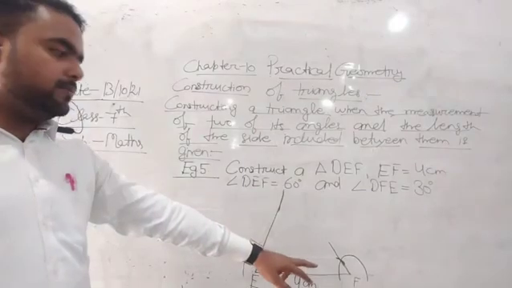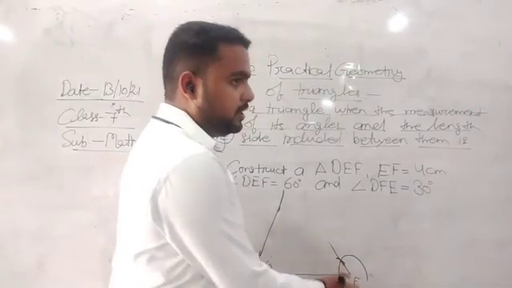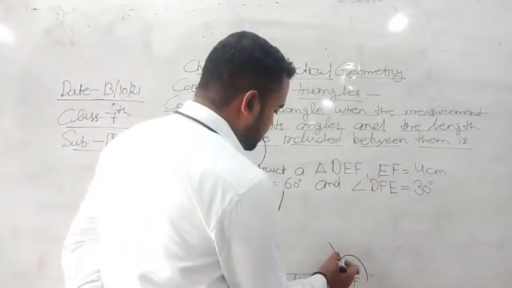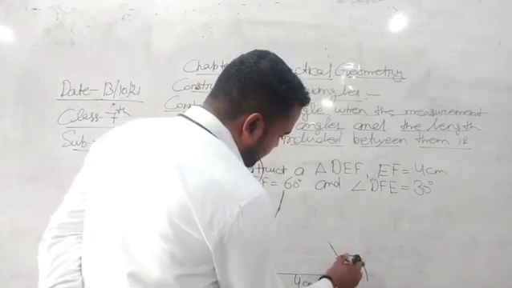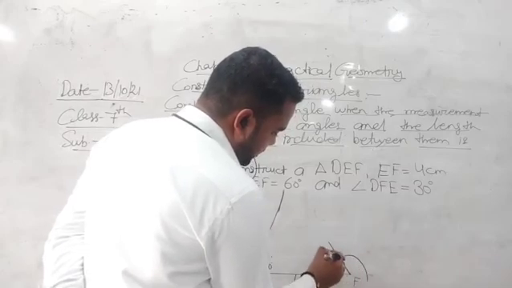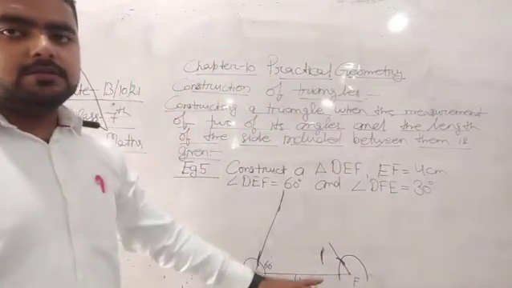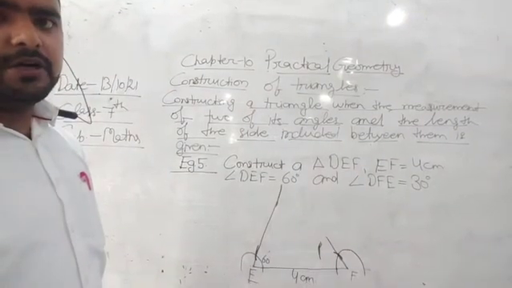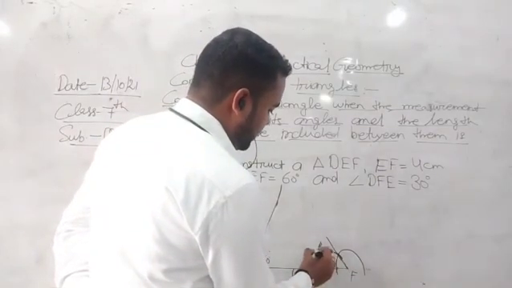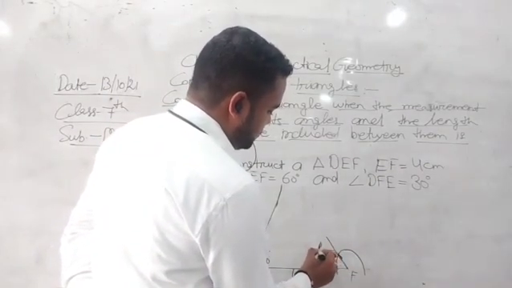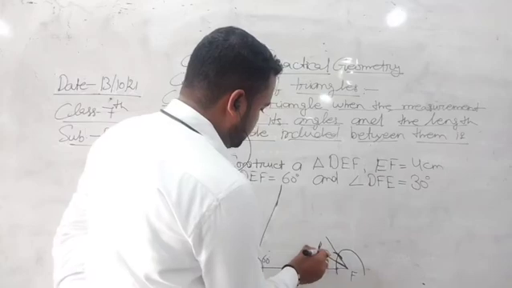For that, you have to find the bisector of this 60 degree angle which is made on the point F. Now for that, put the needle of your compass here and with the same radius, draw an arc here and put the point of your compass on the intersecting point of the base and make another arc which cuts this arc on this point, and now join this and extend it.